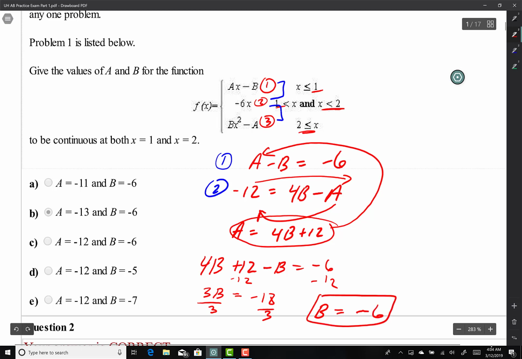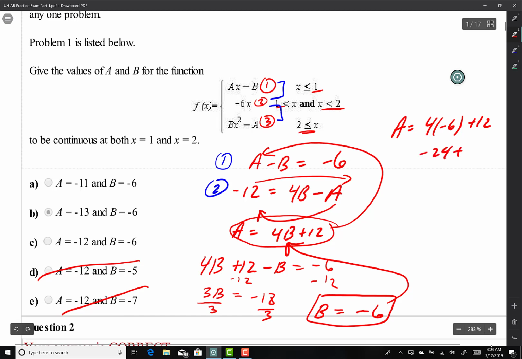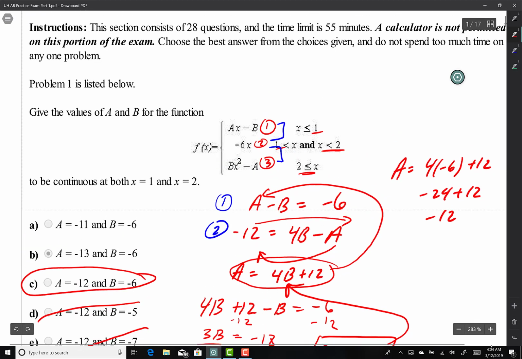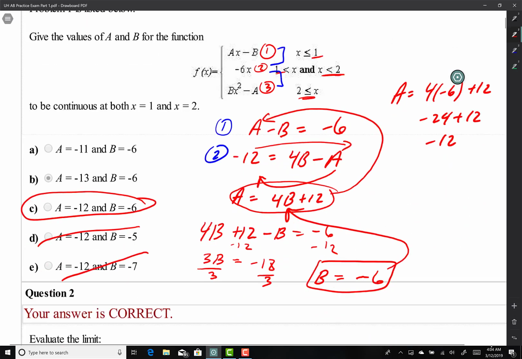Now that I know that b is negative 6, plug this back in right there. So a equals 4 times negative 6 plus 12. Negative 24 plus 12, so I get a equals negative 12. Yep, I think we're right.